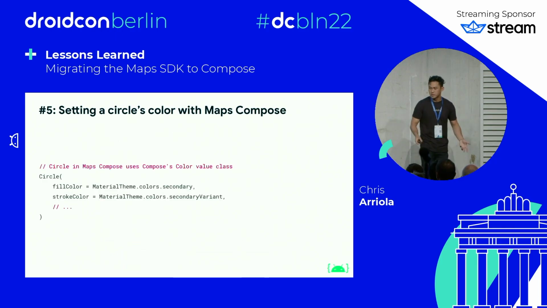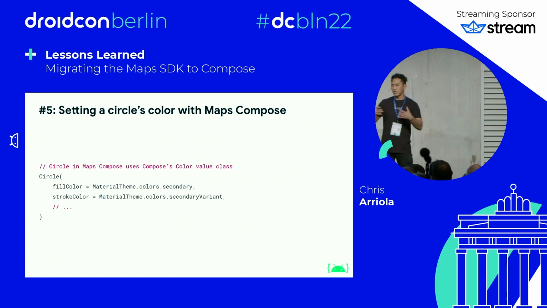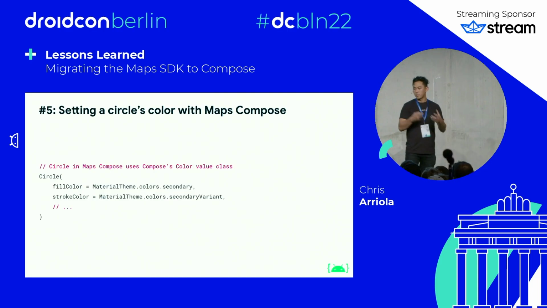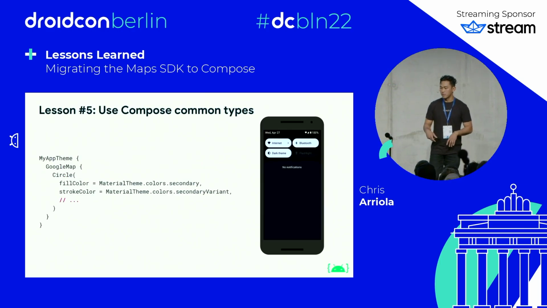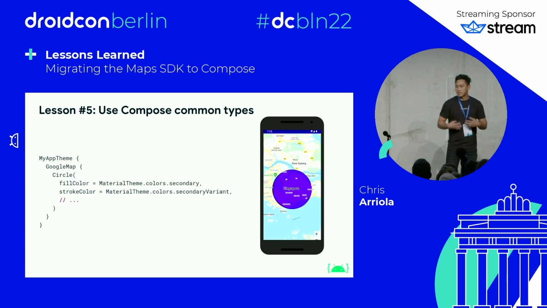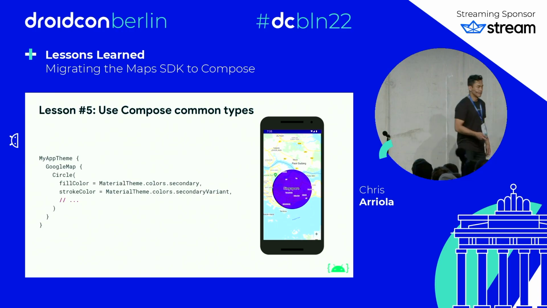But Compose actually introduces a color value class. So if we expose and use the color value class from Compose, the advantage is that if we're using material theming, then when the system appearance changes from light to dark or vice versa, we get the color updates for free, which is really nice.